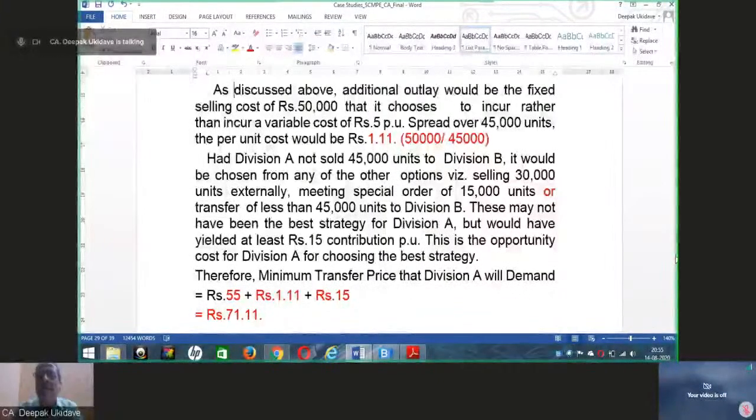The selling division and the buying division, both are his right hand, left hand, and he would not like to compromise or lose any of his operating managers. Both are performing well. He would like to motivate both of them, and therefore he will reach a situation where a win-win strategy is adopted. So any decision in transfer pricing must lead to a win-win situation for both the transferring division and the transferee division.